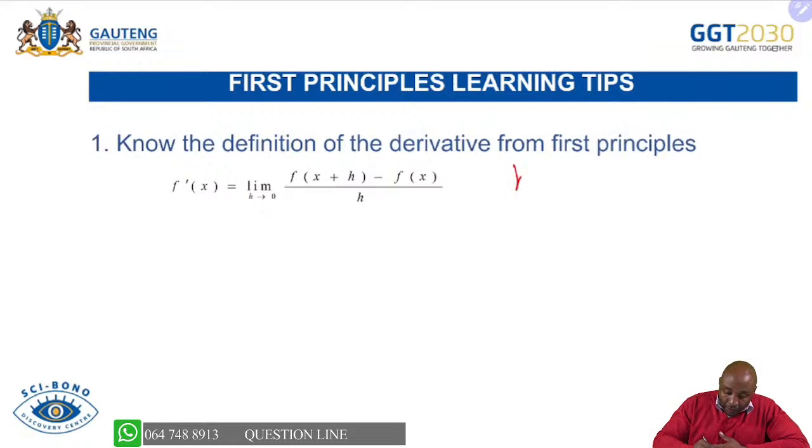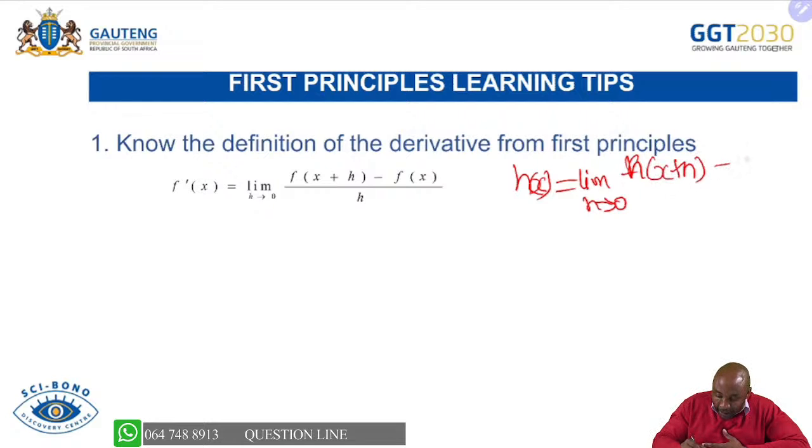If your function is h of x, it means the definition of first principles becomes the limit as h tends to 0 of h of x plus h minus h of x, all over h.